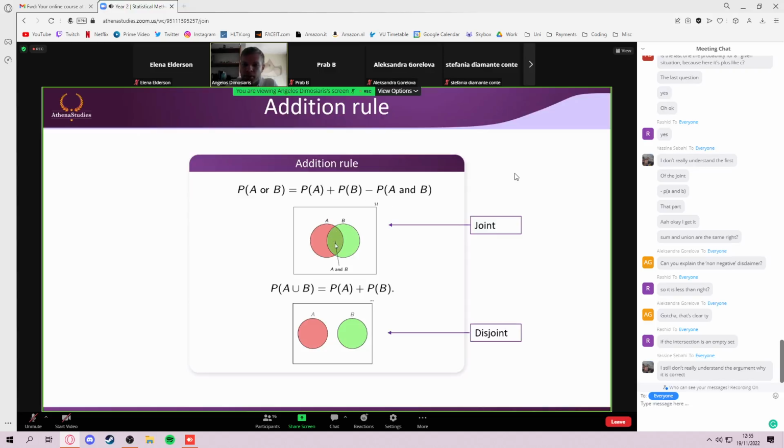This beautiful bastard here. So the union of A or B, actually the union of A and B, that's how it's called, or the probabilities of A or B is less than this sum. Why? Because we subtract a number here.